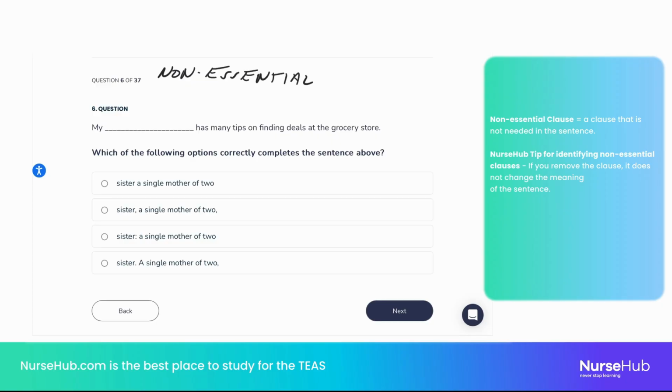It means we have a clause that is not needed. Again, if you're an essential worker, it means you gotta be at work, like society relies on you, nurses, essential workers. What is a non-essential clause? It means, hey, we really don't need that part of the sentence. Now, what do you think is a part of the sentence that you do not need?